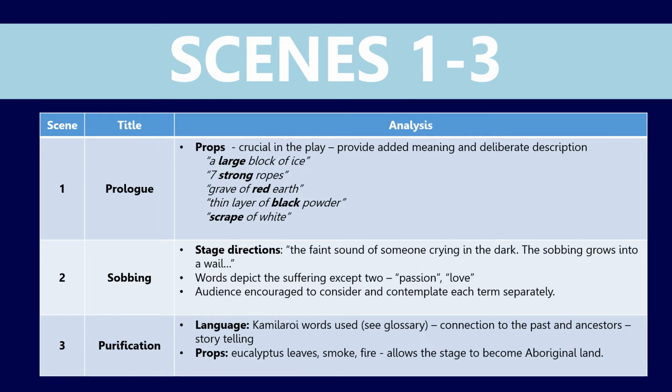The grave of red earth, well, the colour red, of course, and the thin layer of black powder and the scrape of white, which appear on the performance area, is really important because it goes to show the way in which the Indigenous culture has been treated, how a lot of history has been told through the Western lens, but that this is a stage where this history can be told from a First Nations perspective. But again, just to touch upon that block of ice, it slowly drips throughout the whole play until eventually it is unfrozen.